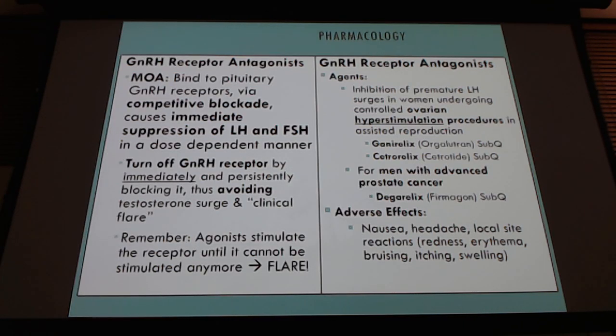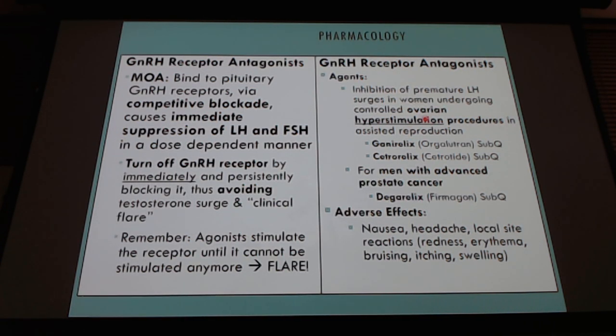I don't see my flare because I'm talking about an antagonist. Turning off my GnRH receptor, and therefore I am preventing that surge from happening. I am preventing that flare from happening. When you're looking at your agents that you have available, this is now breaking those down for you so you can see what are my agents that I have that will help me have these antagonistic properties.